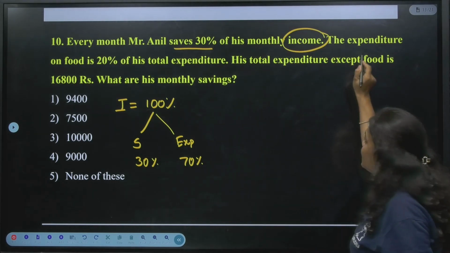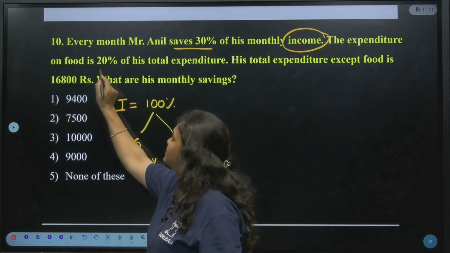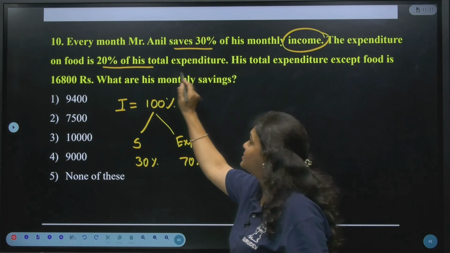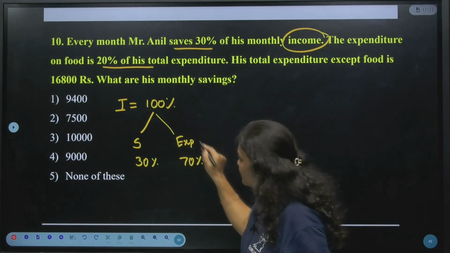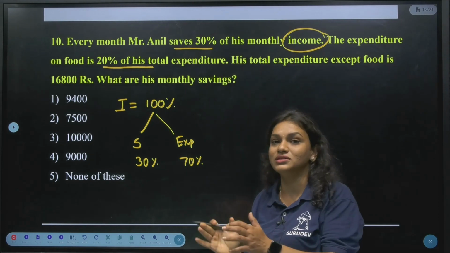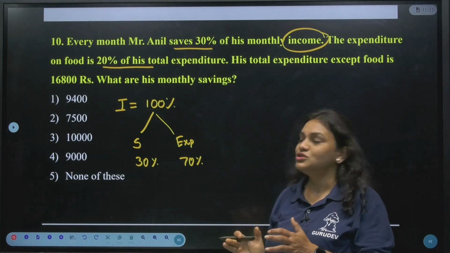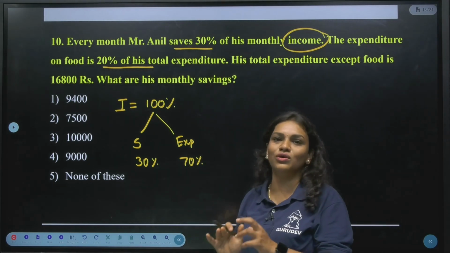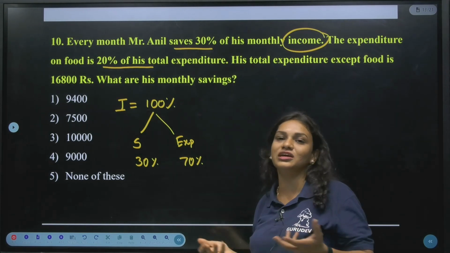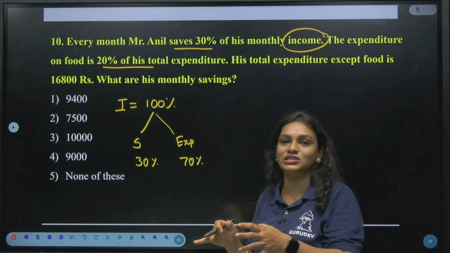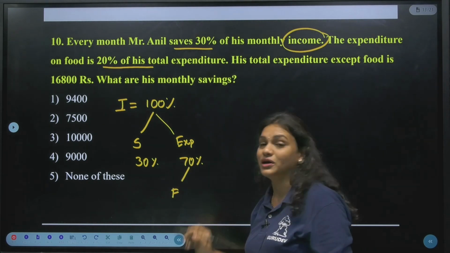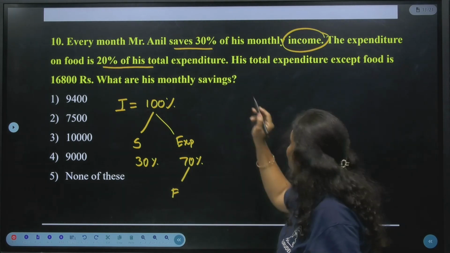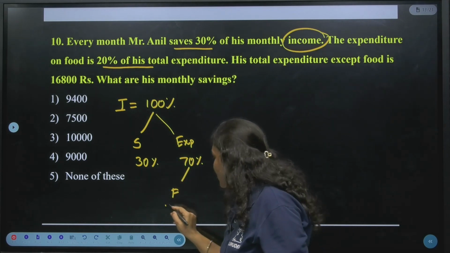Next, the expenditure on food is 20% of his total expenditure. Try to understand. Whatever Anil is spending, he is not spending on only one item. Expenditure can be anything. So in the total expenditure, for the food purpose, what percentage is he spending? 20%.